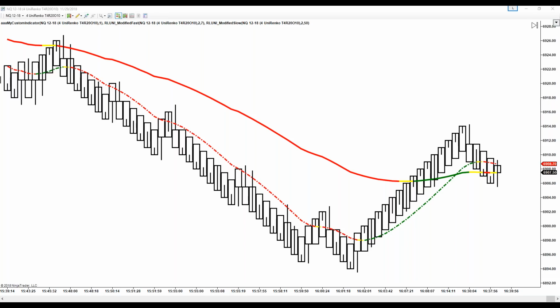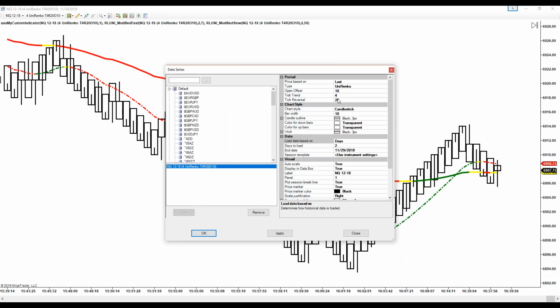So that's what the Renko is set at, Ron. Right here, those are the settings: 10, 4, 20. Now, I gave a webinar a couple of Saturdays ago that lasted 2 hours and 20 minutes, where I went over what these inputs mean. Understanding it gives you a better handle.